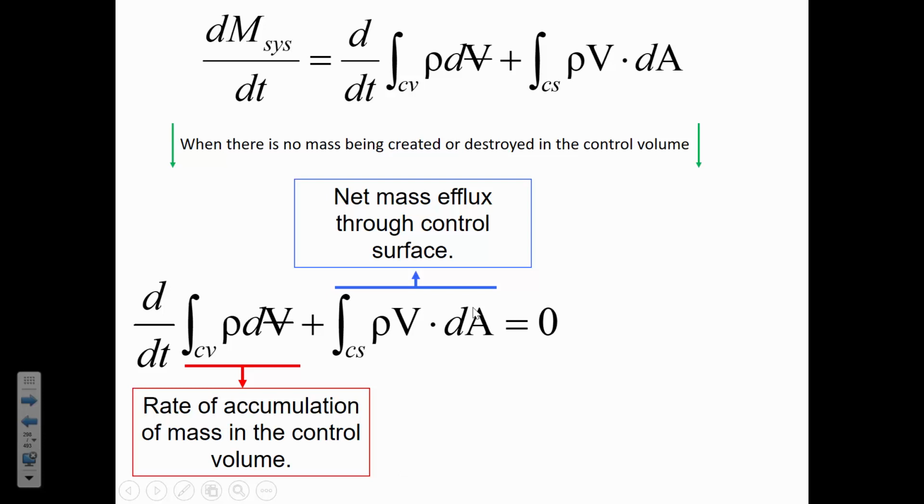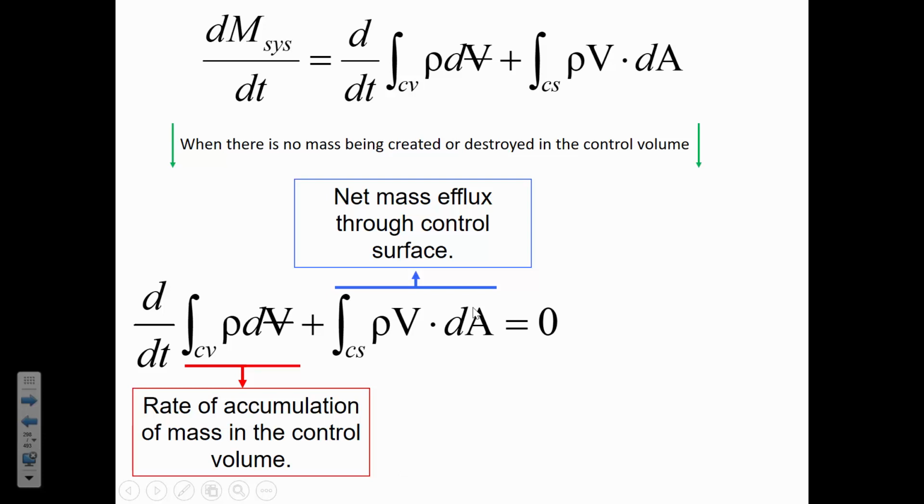So that the difference between the in and the out is going to account for the accumulation, whether it's positive or negative. And so here, if there's more in than out, in order to keep this equation equal to 0, then we would have to be subtracting the accumulation.